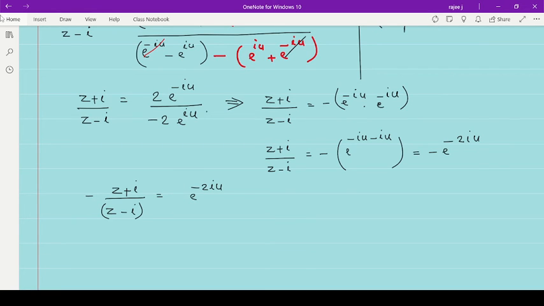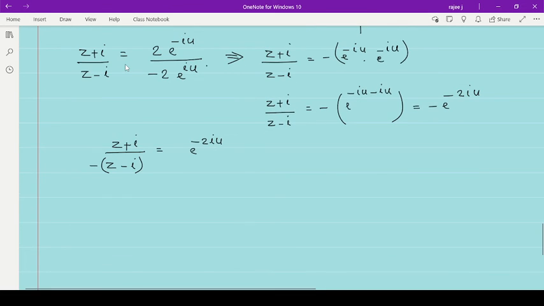So now this is equal to, numerator z plus I can write as I plus z because both are positive. And in the denominator you will get minus z. Minus into z is minus z, minus into minus is plus I. So minus z plus I we can write as I minus z, equal to e raised to minus 2 iu.